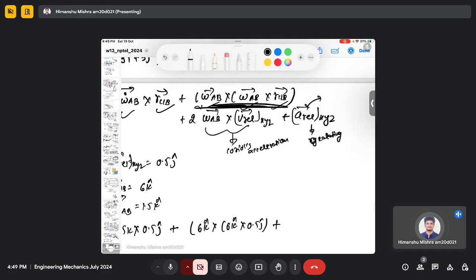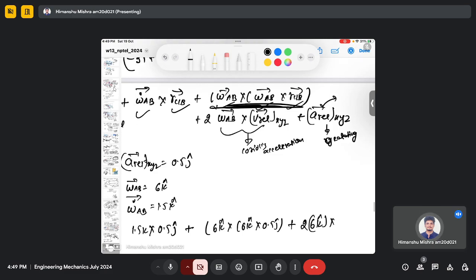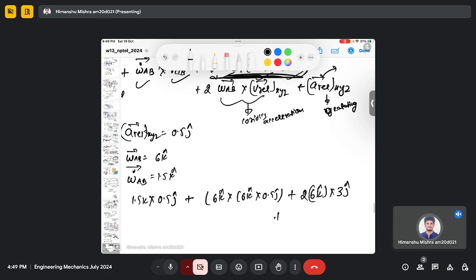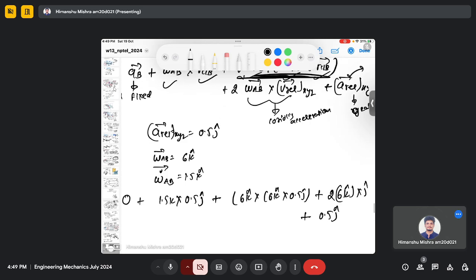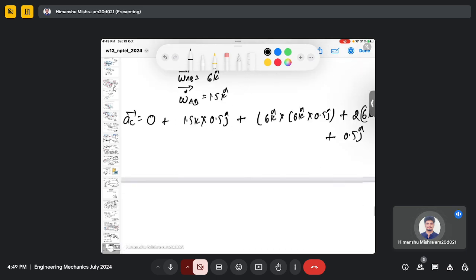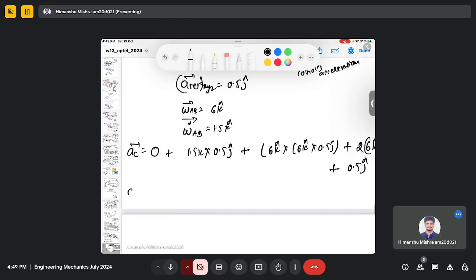Then there will be a Coriolis term, which is 2 omega AB, which is 6k, cross the relative velocity, which was 3j, and the relative acceleration, which is 0.5 j.